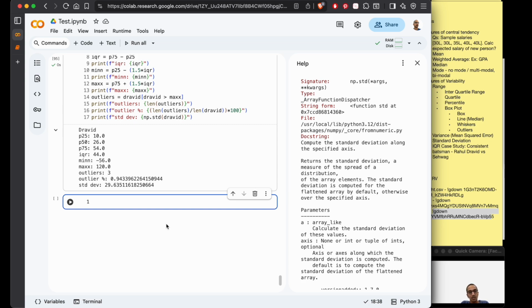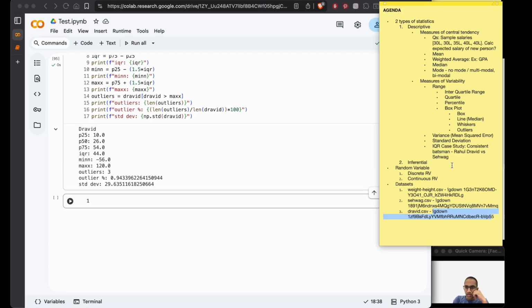Like if you have two machines and you want to know which one has the least error, you could say the one with the lower standard deviation or lower variance is the one that is more precise, right? This is a very useful one, and that is all there is to measures of variability.